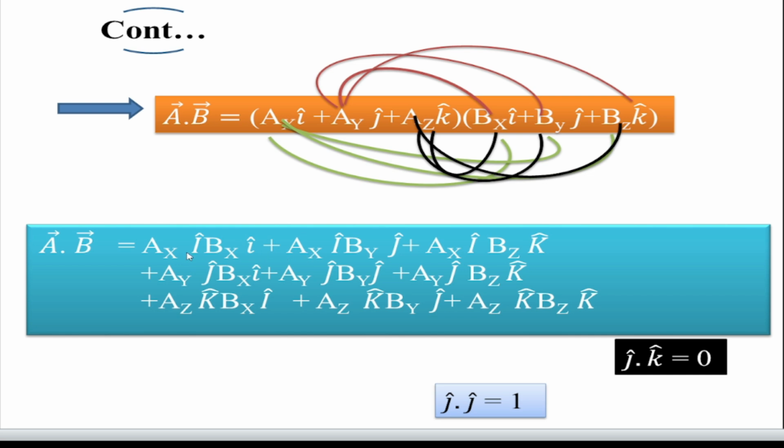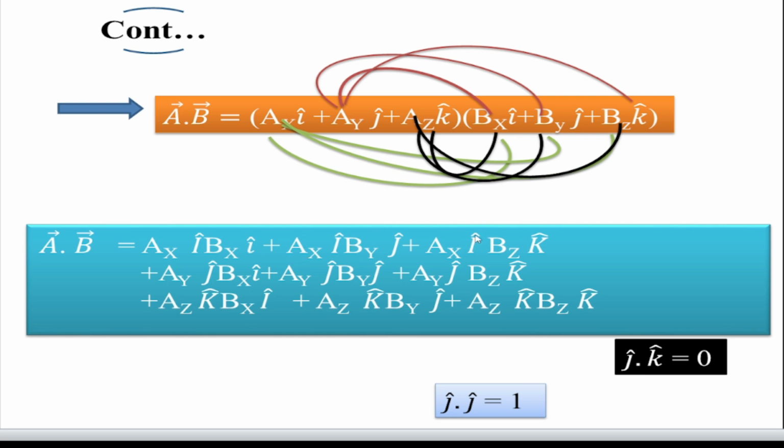That means simply we will have Ax Bx plus I dot j. This is the unit vector I and the unit vector j, which means magnitude of I, magnitude of j, then cos theta. But the angle between unit vector I and unit vector j is 90 degrees, and cosine of 90 degrees is 0, and hence this term automatically cancels.